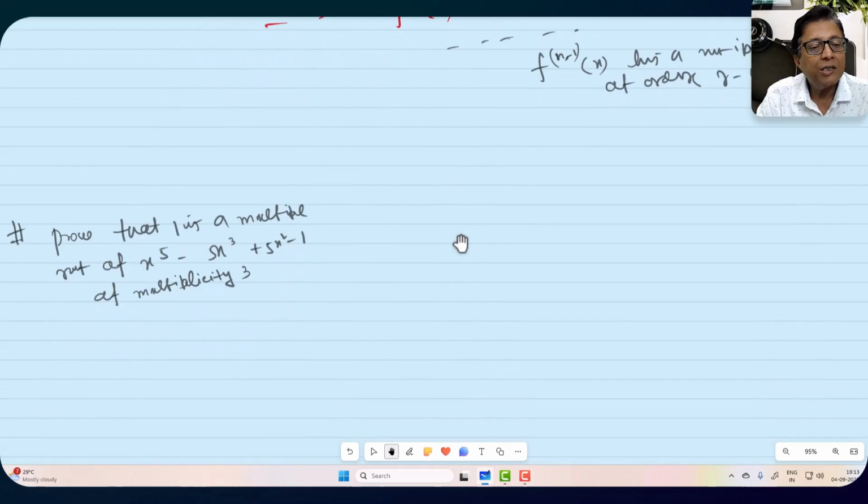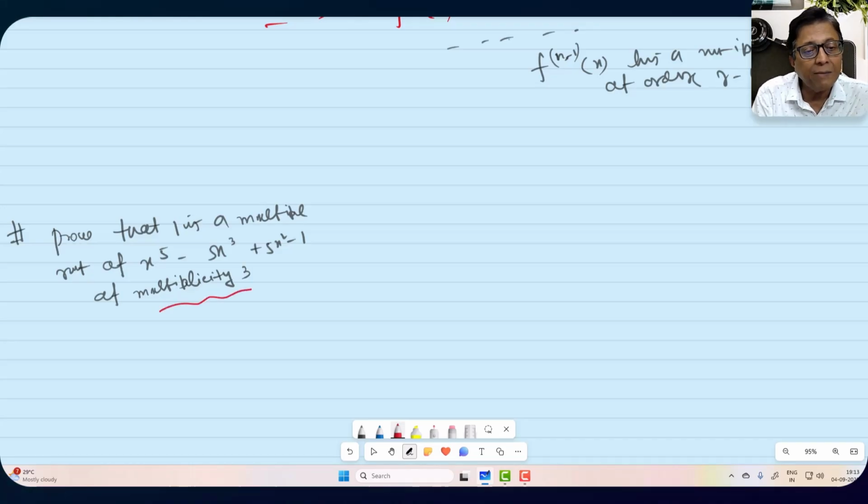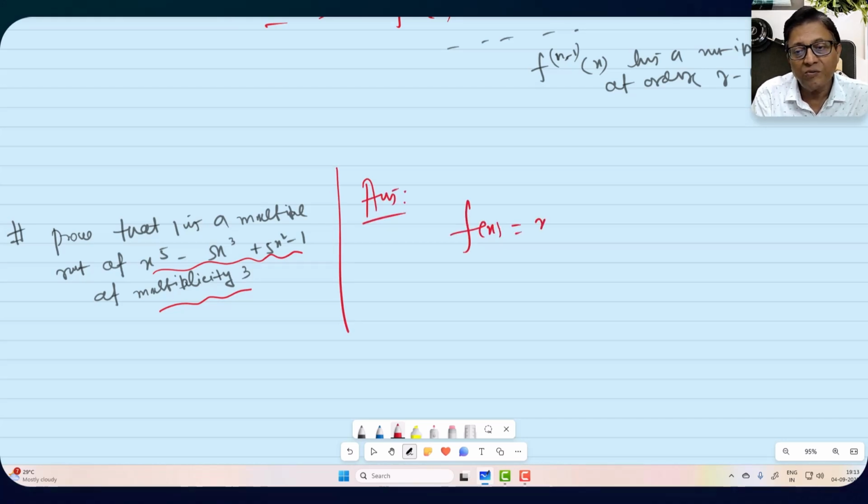Okay, let us solve one example where we can find its application. Take this equation. 1 is a multiple root of this equation of multiplicity 3. The equation is x to the power 5 minus 5x cube plus 5x square minus 1. So we go by that method.